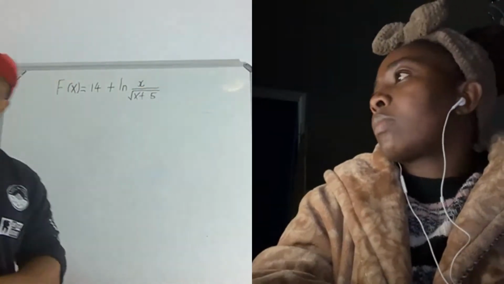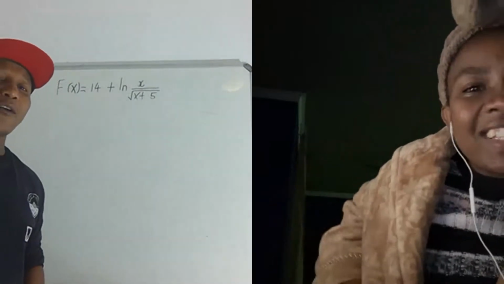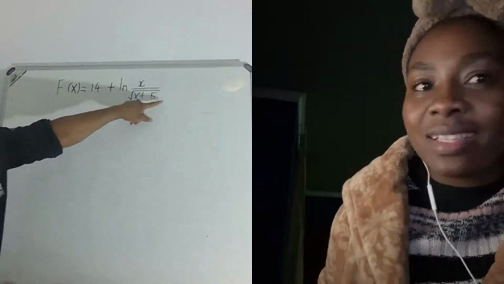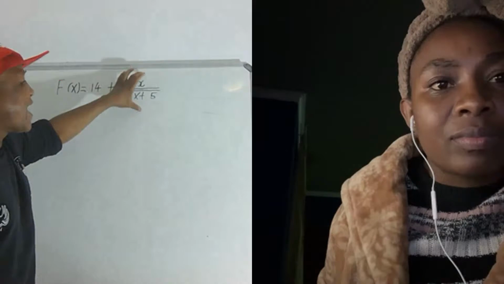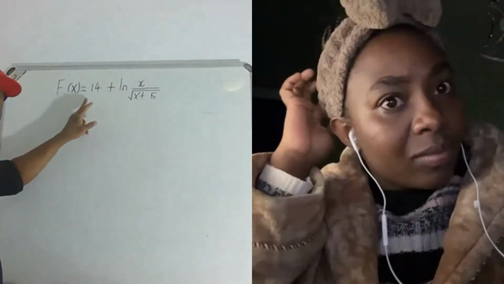You remember that question? That was one of those questions like, oh my God, where do I start? But it's easy because now you have an idea. Differentiate everything in the top, and then divide by everything. So the trick is only here.